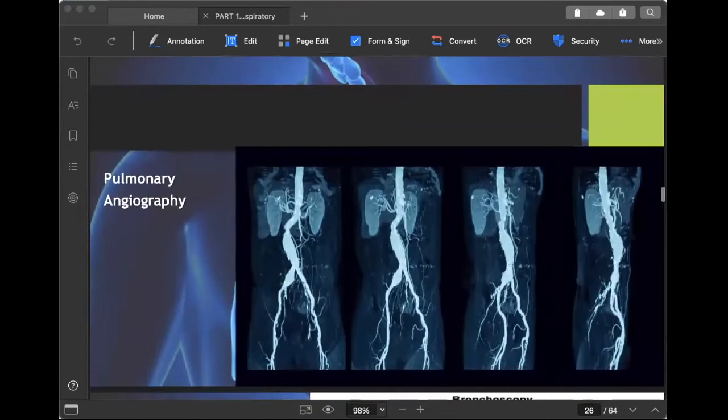This involves the rapid injection of a radiopaque substance in order to perform radiographic studies of the pulmonary vasculature. So you can see here, this one usually symbolizes pulmonary embolus.